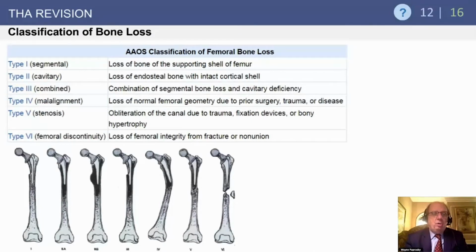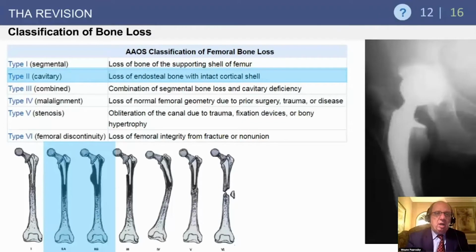Now we'll go to the femoral classification, AAOS femoral classification, kind of along the lines of the acetabulum. Type 1 is segmental, 2 is cavitary, 3 is a combination of the two. A type 4 is somewhat bent, 5 means stenosis, 6 is a fracture.